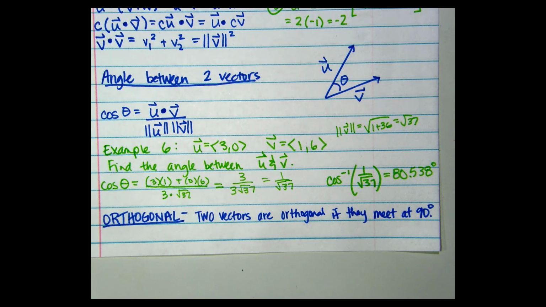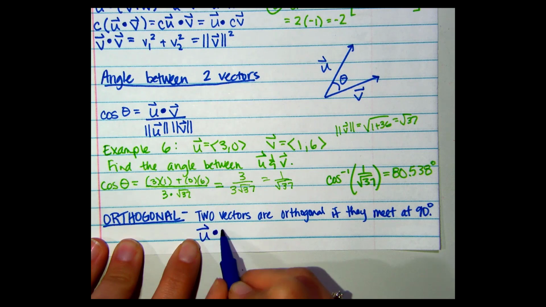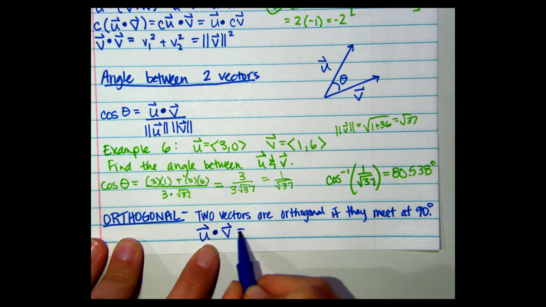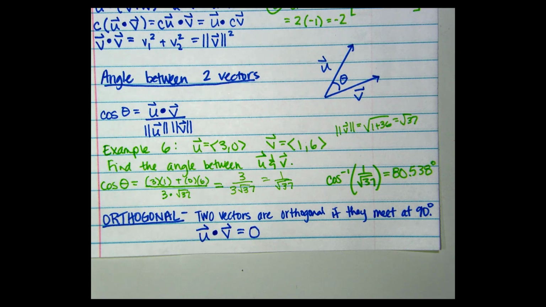The way I test to see if two vectors are orthogonal is by their dot product. U dot V will always equal 0 if they are orthogonal. So when I do the dot product, if I get a 0, I know my two vectors are orthogonal. Look up at example 2. We got a 0, didn't we?